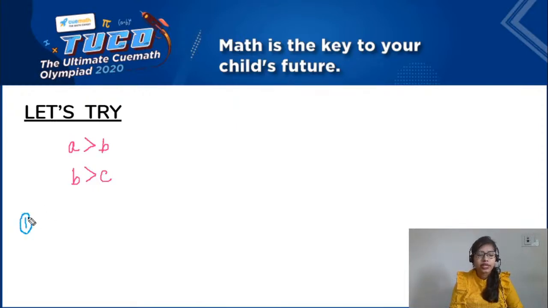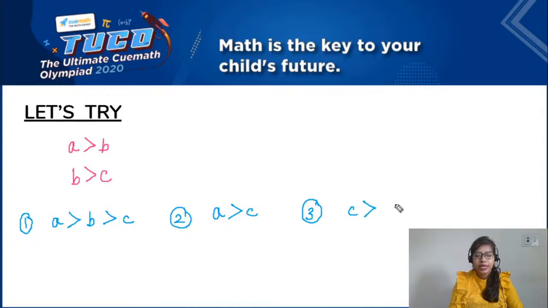The first one is A is greater than B greater than C. The second option is A is greater than C. The third option is C is greater than A. The fourth option is 1 and 2. And the fifth option is none of these.